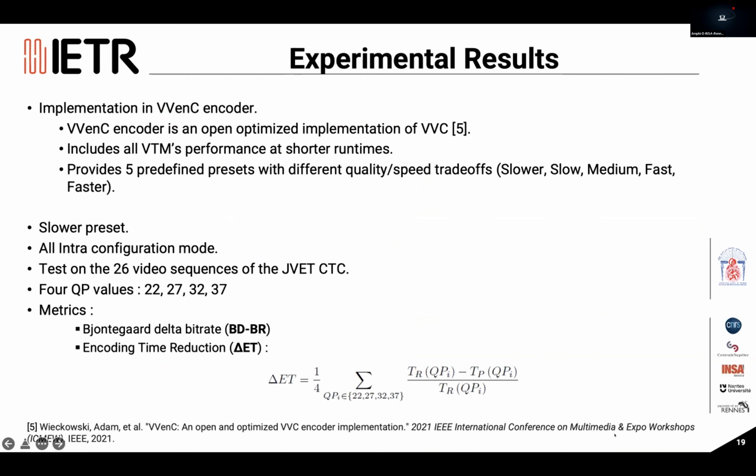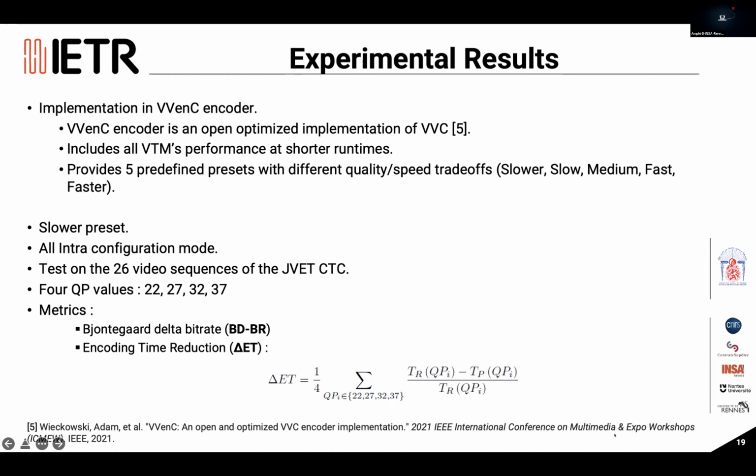To evaluate this method, we implemented it on the VVenC encoder, which is an optimized implementation of the VVC that provides all VTM's performances, and it provides 5 different predefined presets with different quality-speed trade-offs: slower, slow, medium, fast, and faster.